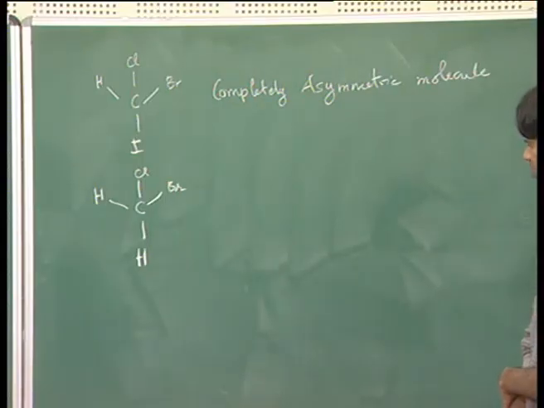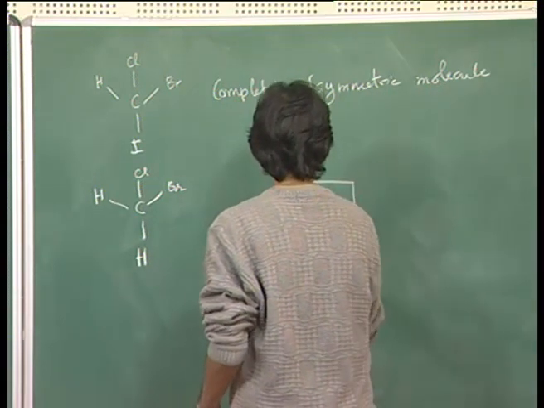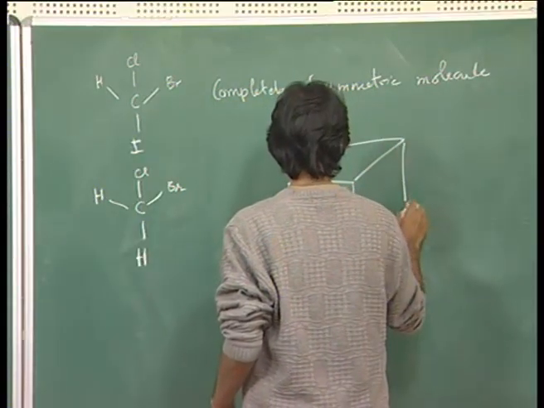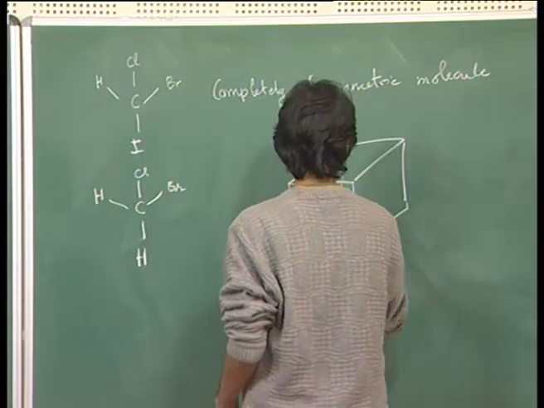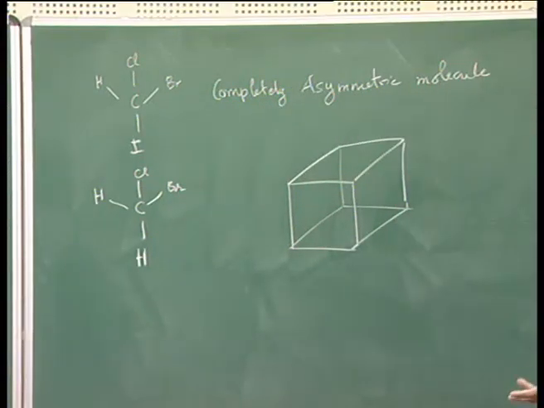Now, what are the reflections that are there in this molecule? So in order to see the reflections, it is easier if you draw the tetrahedral in this form. We need to draw the molecule in a way in which we can easily see the symmetry elements.